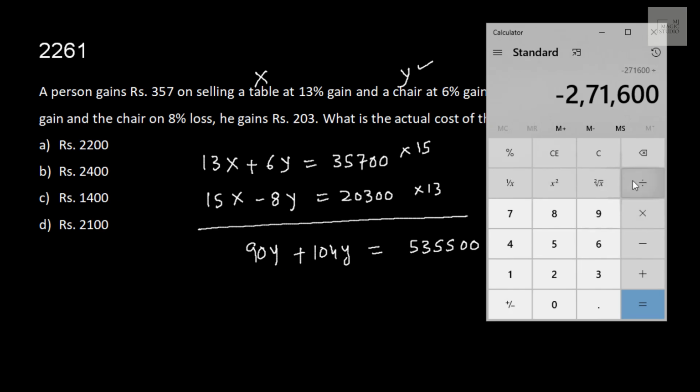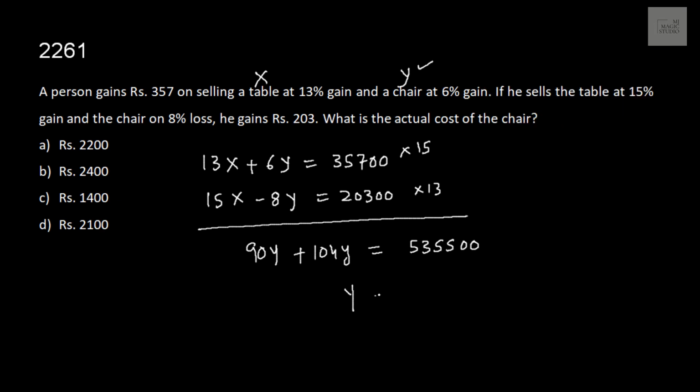Let's divide here itself, divide by 194, and that gives 1400. Therefore, with help of calculator, we have got y equals 1400 straight away. What is the actual cost of the chair? Actual cost of the chair is 1400, and that features in option C.